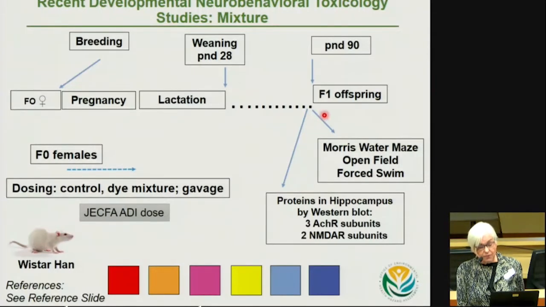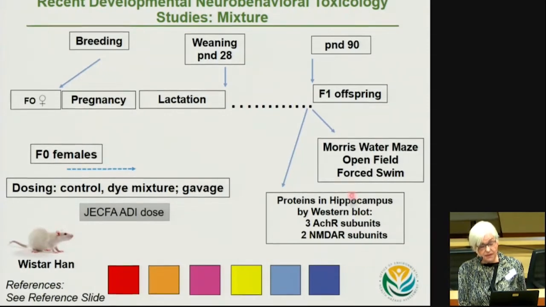After the animals grew up, when they were adults, they were given the behavioral test, a Morris water maze test, a spontaneous motor test called the open field, and a forced swim test, and also some brain assays. So this is a good developmental toxicity study because it looks for permanent effects.